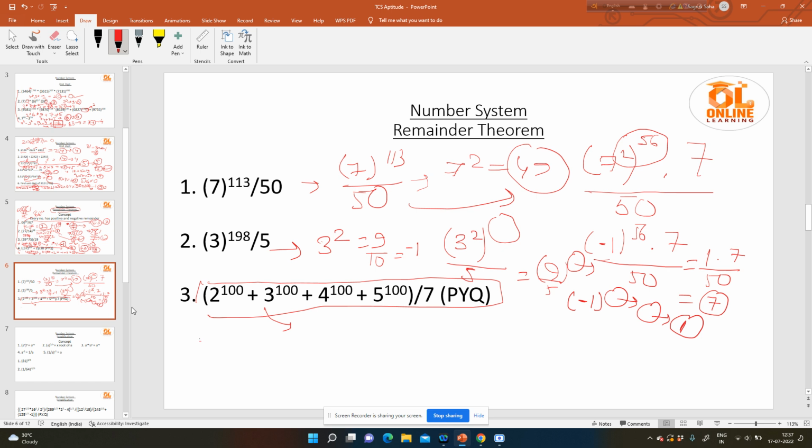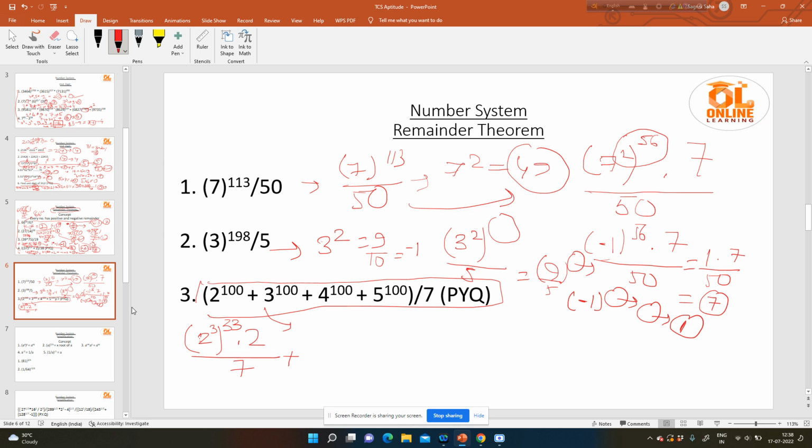2 cube is 8. So we can write (2 cube) to the power 33 into 2 by 7, plus, for 3, let us assume, 3 ones are 3, 3 square is 9. So if we divide by 7, it will be giving us 2 as remainder.